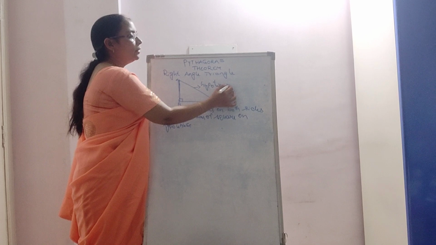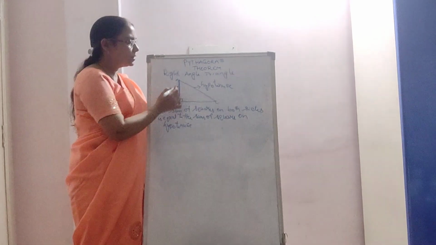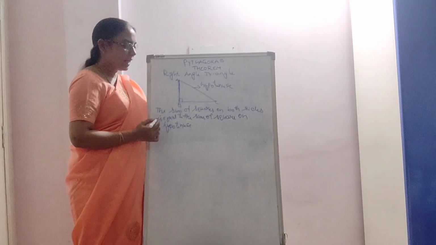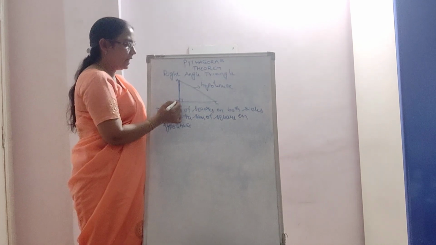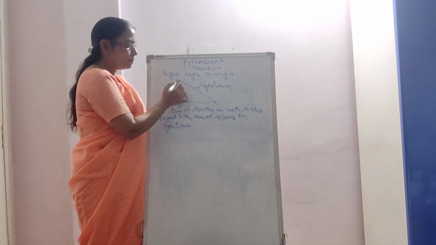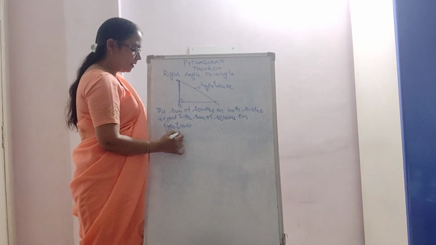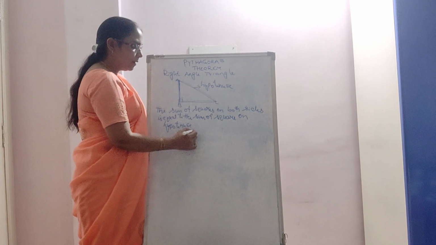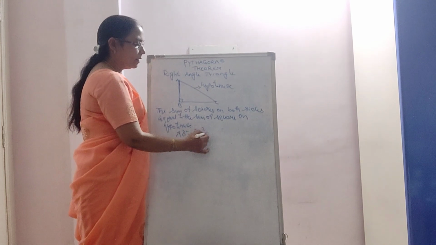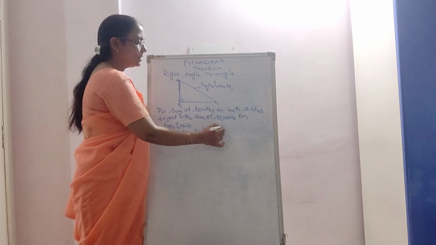And among all the three sides, the hypotenuse is the longest side. Now he is saying that the sum AB square plus BC square is equal to AC square.